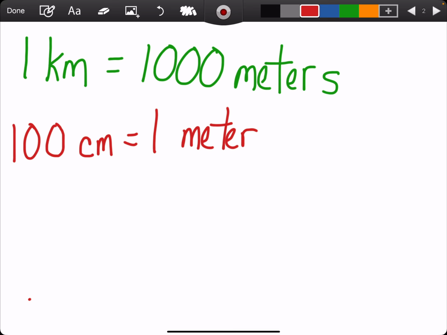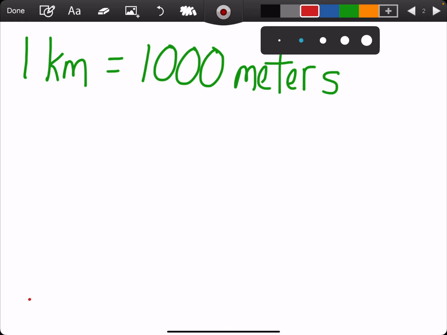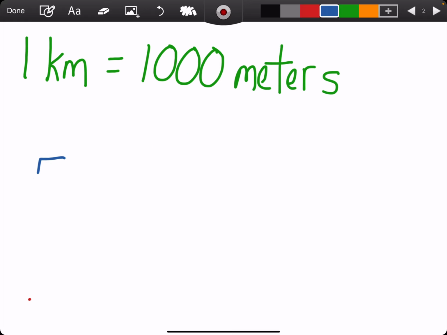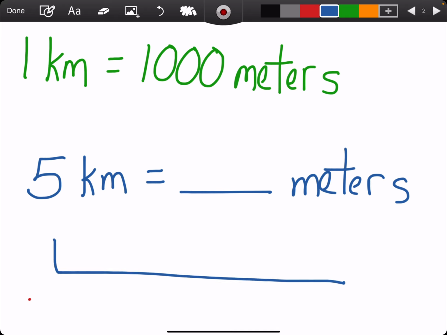Okay, so if I'm using this information, I can answer questions like on a review sheet where it said 5 kilometers equals how many meters. If you know that 1 kilometer equals 1,000 meters, how many meters is 5 kilometers? Well, we did work with tape diagrams.